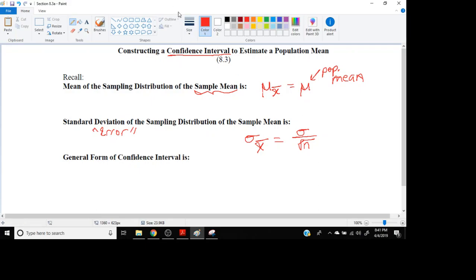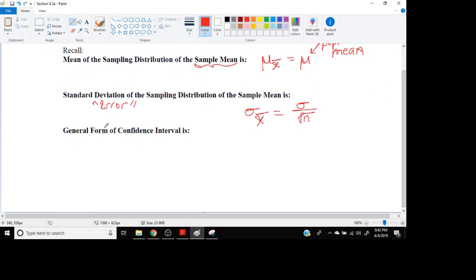With those two things, we can get a good idea of the actual general form of a confidence interval. Remember, your confidence intervals always involve your point estimate, plus or minus the margin of error.